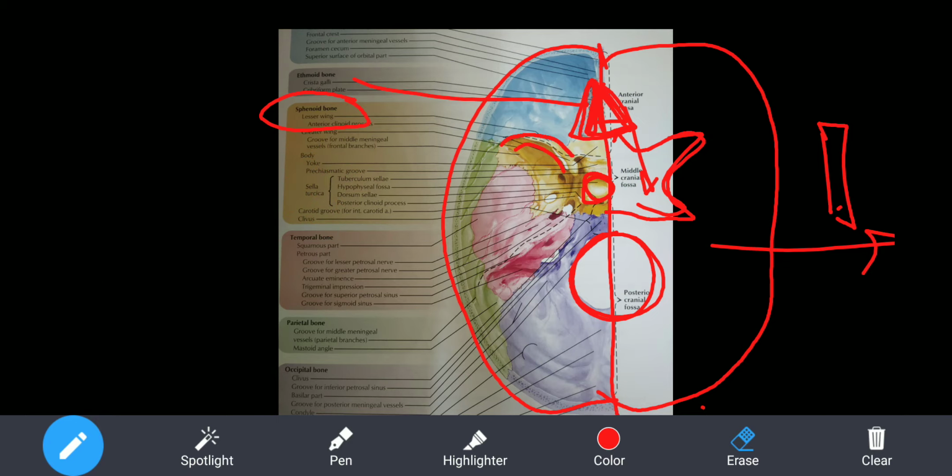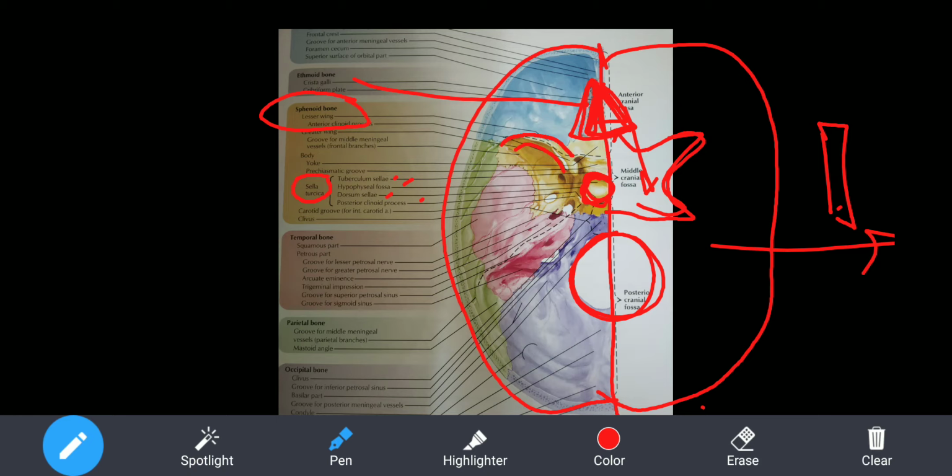I think I will zoom in and go into the details. See, this is the fossa. You can see the handwriting. See, Sella Turcica, they have written here. It is made up of four parts: tuberculum sellae, hypophyseal fossa, dorsum sellae, and posterior clinoid process. They all form this Sella Turcica, in which the pituitary gland lies. Hypophyseal fossa is the pituitary fossa.